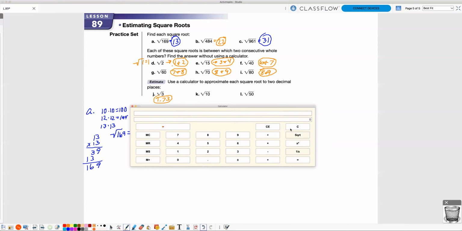All right, and letter K, what's the square root of 10? 3.16. There's a 2 after the 6, so it's rounded to that. And letter L, the square root of 50 would be 7.07.